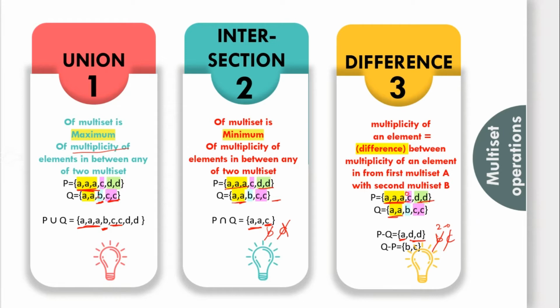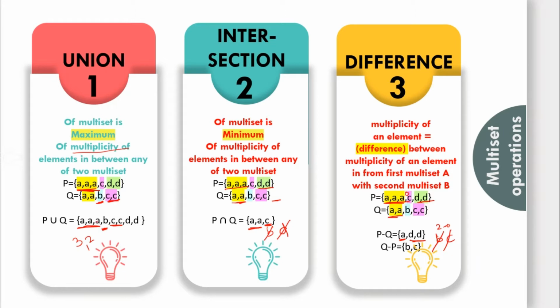Q is double A, B, double C. Now consider only the element A. Inside set P, A appears 3 times, and inside set Q, A appears twice. Between the appearances 3 and 2, 3 is larger. We have to consider the maximum number of times appeared in either set, that is 3. So in our result, P union Q will have 3 times A.